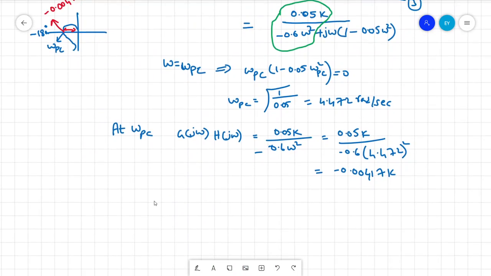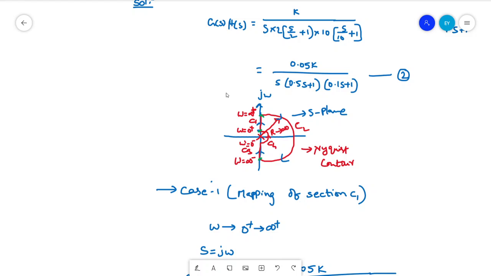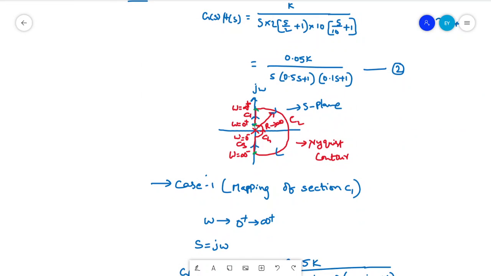This is only for C1. If you observe C1, it starts at omega equal to 0 plus and goes to omega equal to infinity. What is the angle it is making? It is in terms of negative. If you go in the clockwise direction, it will be minus 90, minus 180, minus 270. It is tending towards minus 270.